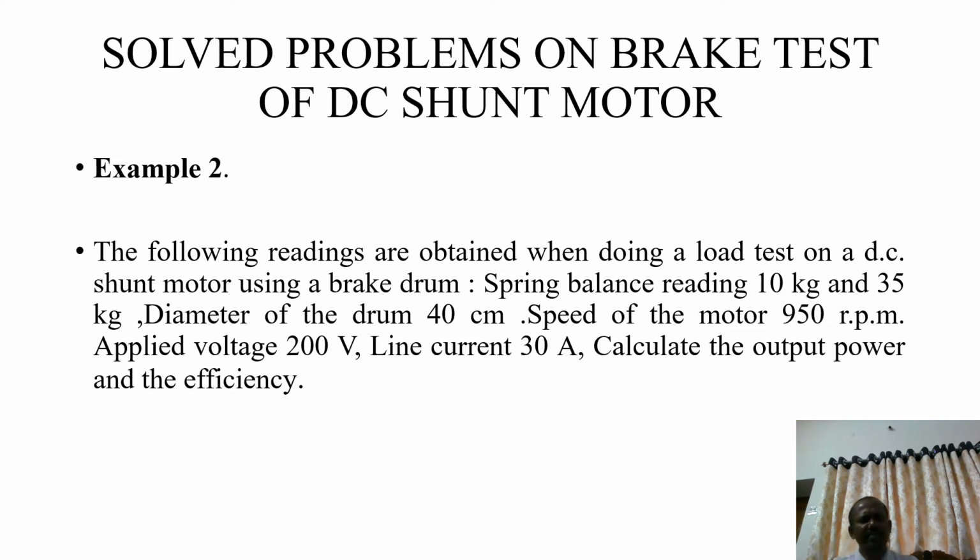So here, all of you listen to this problem. The following readings are obtained when doing a load test on a DC shunt motor using a brake drum. Spring balance readings are 10 kg and 35 kg. Diameter of the drum 40 centimeter.